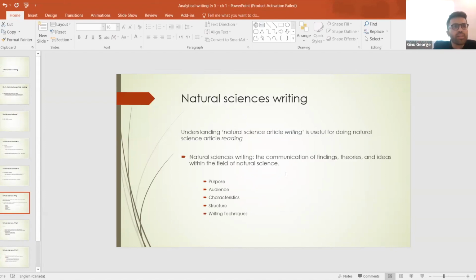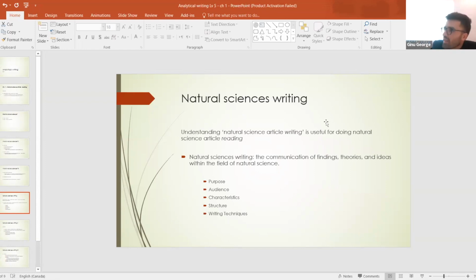Now that we've defined natural science, because we defined natural and science, let's move on to what natural science writing amounts to. And this is helpful for understanding natural science reading, right?